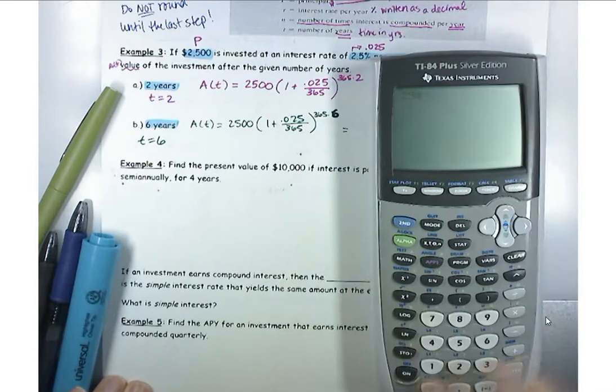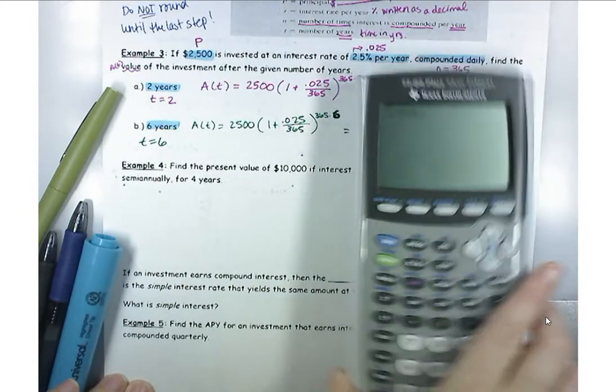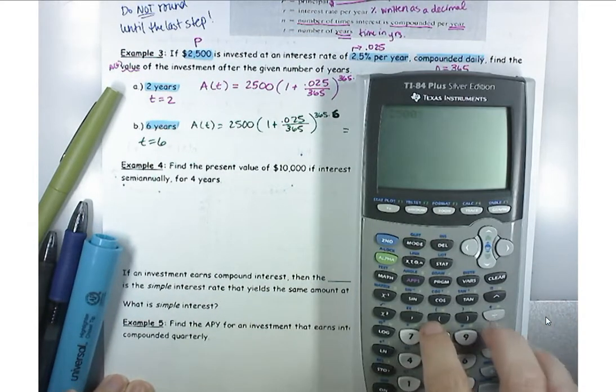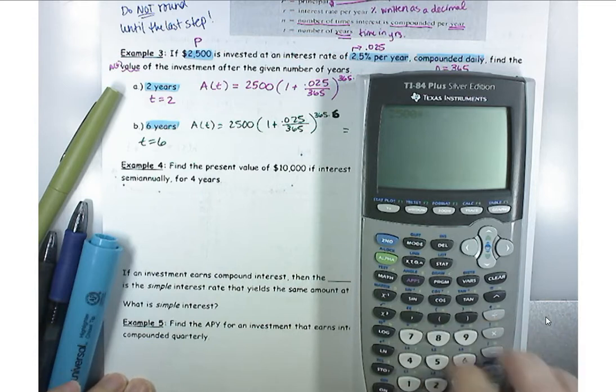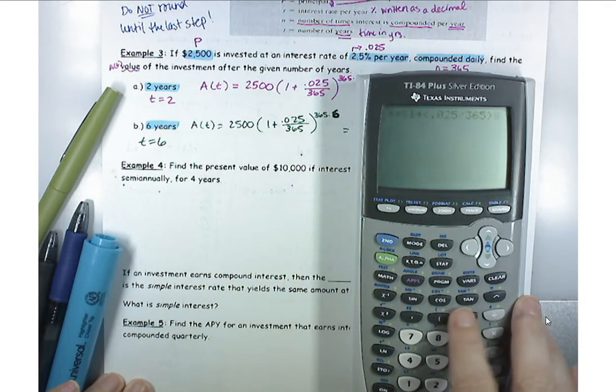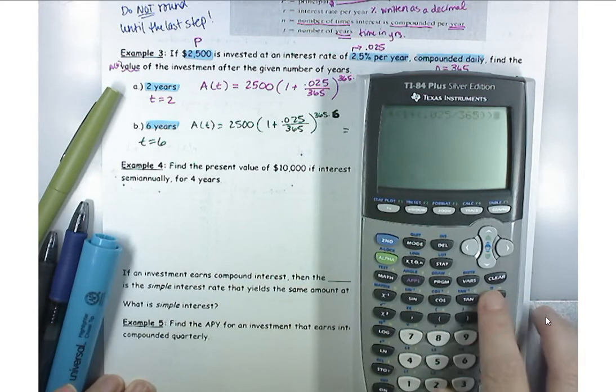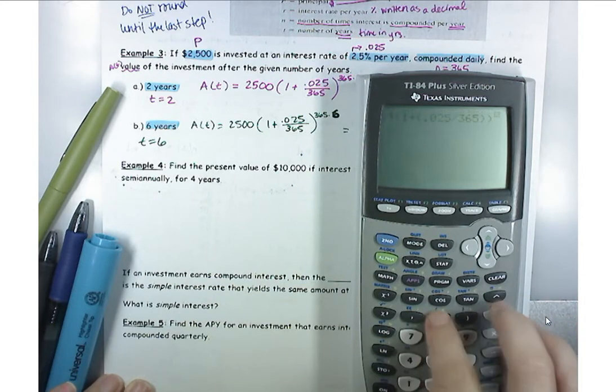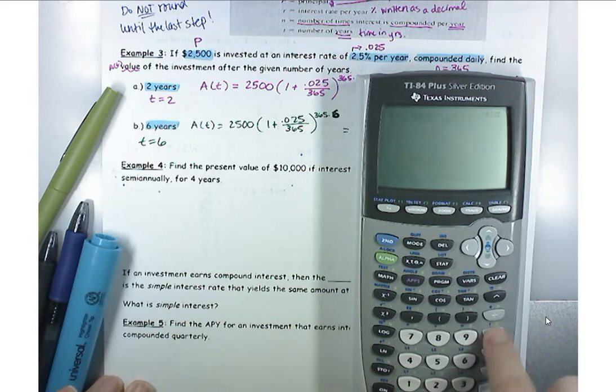Okay, so if you put it all in at one time, you're going to have to utilize your parentheses. So 2,500 times, and then it would be 1 plus, and then I would have to do my parentheses over 0.025 divided by 365, close, close, and then to the power of, and then again I would put these in parentheses, 365 times 6.